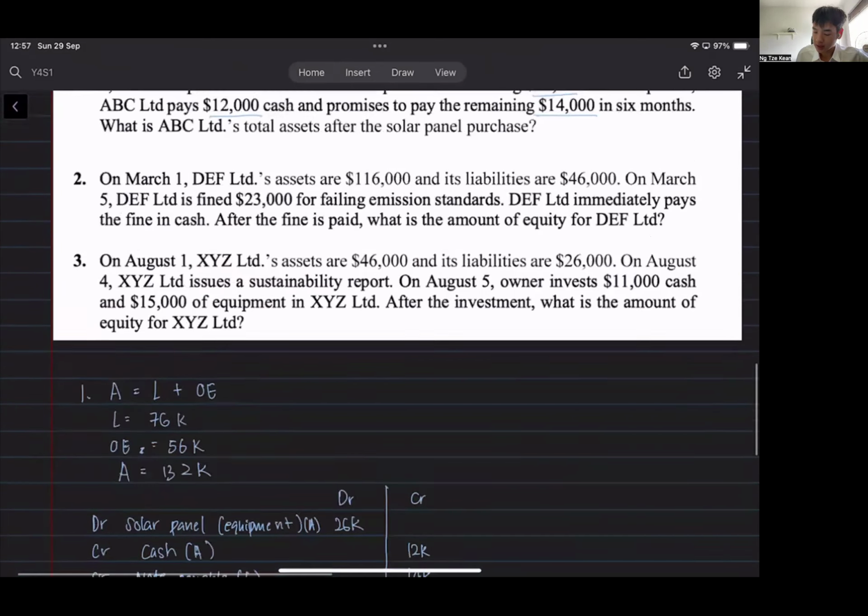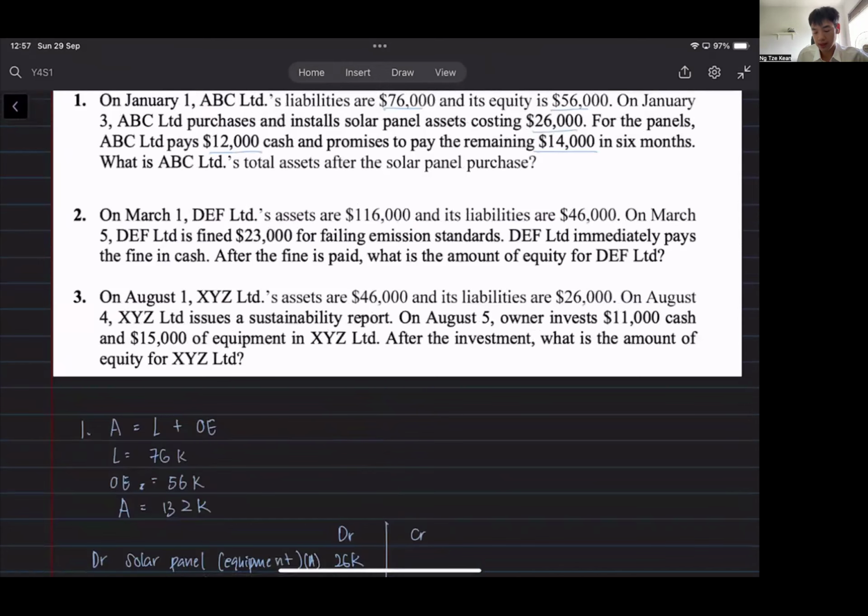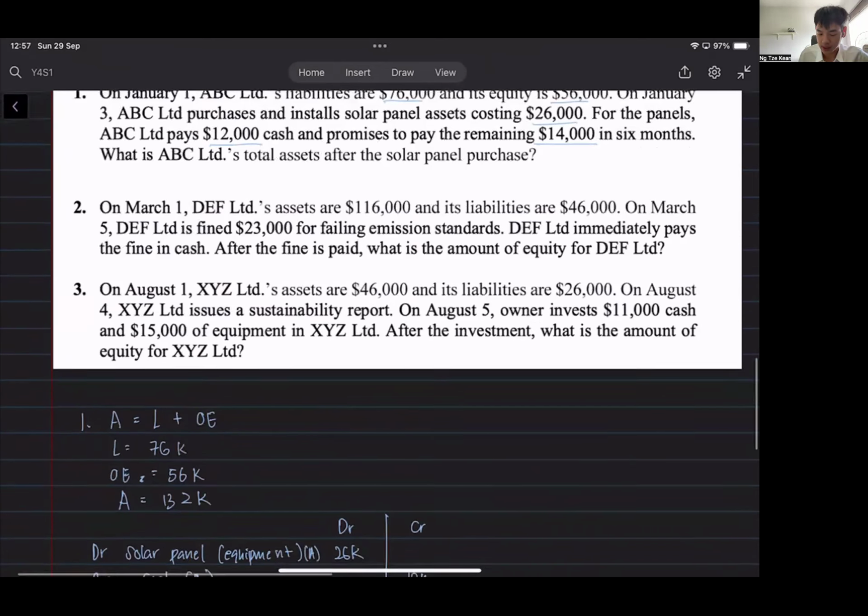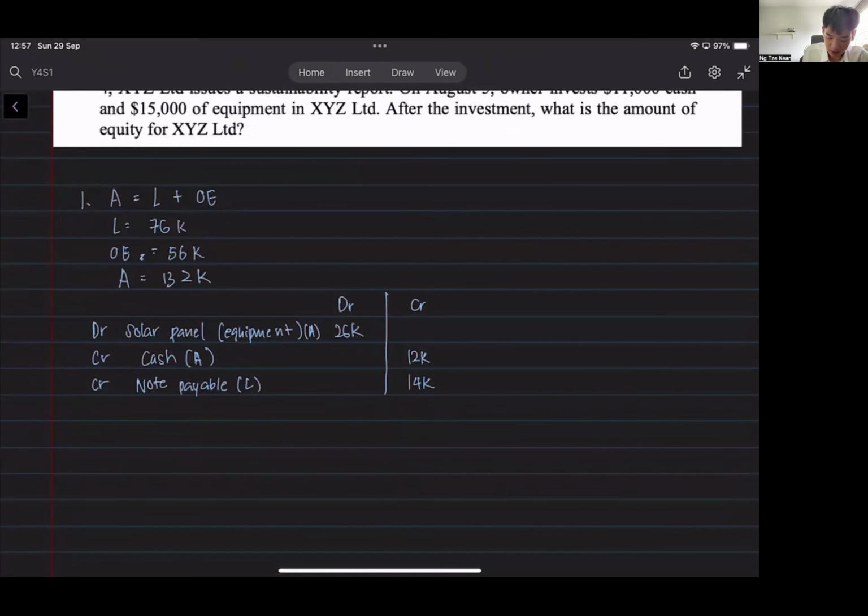And now we need to find the total asset. So to find the total asset, what we want to have is the ending asset equal to the starting asset plus the change in asset. Right. And we know that these two items here are the change in asset, and this here is the change in liability.